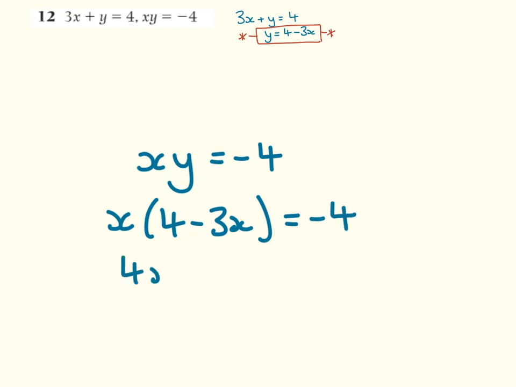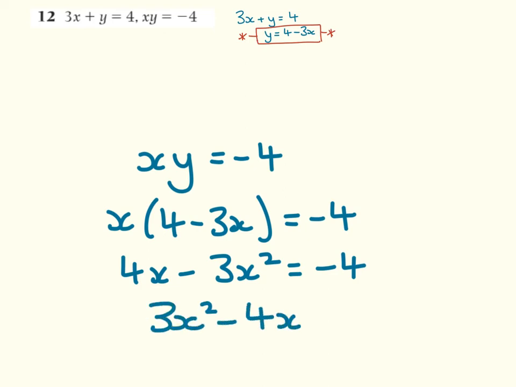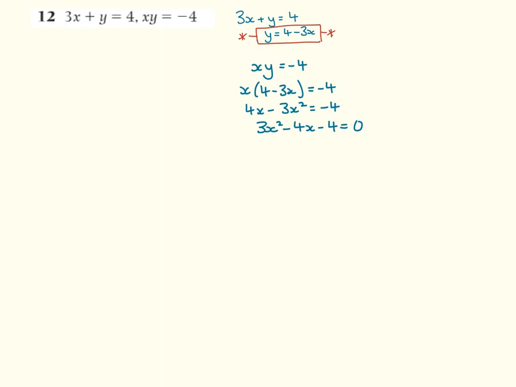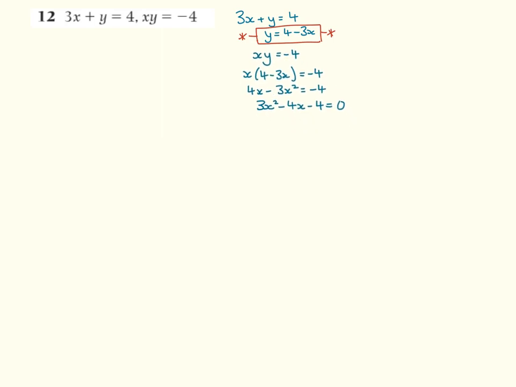Okay, and then again we should notice what kind of equation that is as we expand the bracket. So that square term tells us a quadratic again. And because I would just want that x squared term to be positive, I'm going to take it across the other side, so I'll have 3x squared minus 4x minus 4 equals 0. Okay? Now, I'm going to try there to see if I can factorise that.